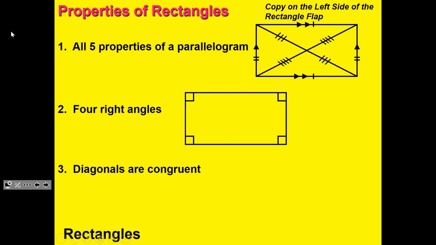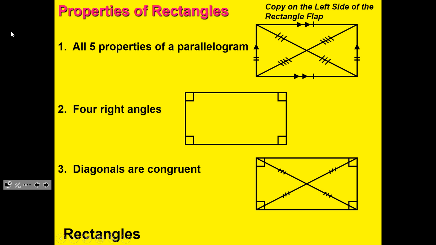Okay, and because our diagonals are congruent, that's going to create a couple of triangles that have 2 congruent sides, right? What do we call triangles that have 2 congruent sides? Isosceles. So underneath this property that you've written down, we're going to add a couple bullet points. Because these diagonals are congruent, that means we're going to have 2 isosceles triangles with congruent base angles.